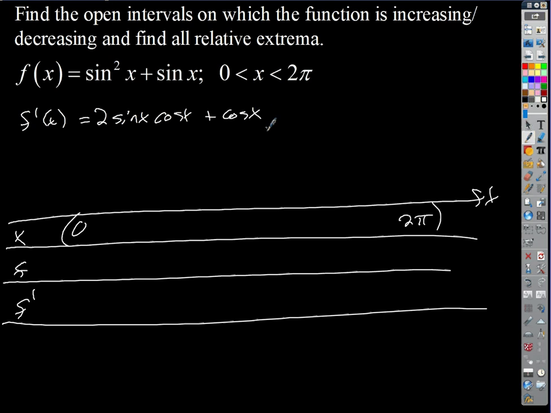Is our first derivative undefined anywhere? No. So we're just looking for zeros of the first derivative, so we've got to just solve the equation. F prime equals 0 when 2 sine x cosine x plus cosine x equals 0.